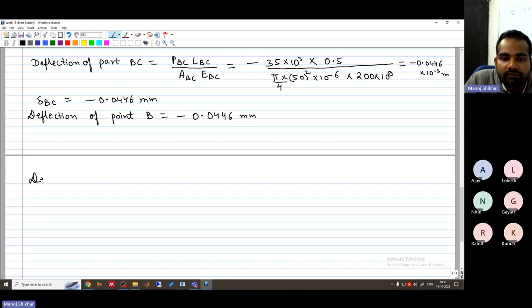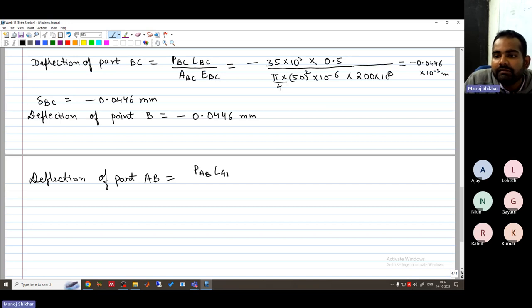Now we first find what is the total deflection of part AB. We can use the formula PAB LAB upon AAB into EAB. So the load on this AB part is minus 10 kilonewton because it's a compressive load. So minus 10 into 10 power 3.